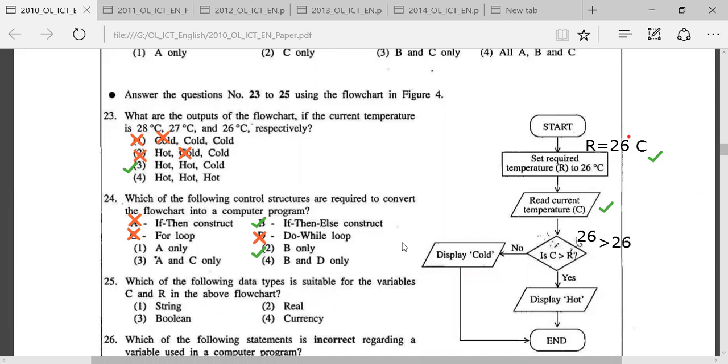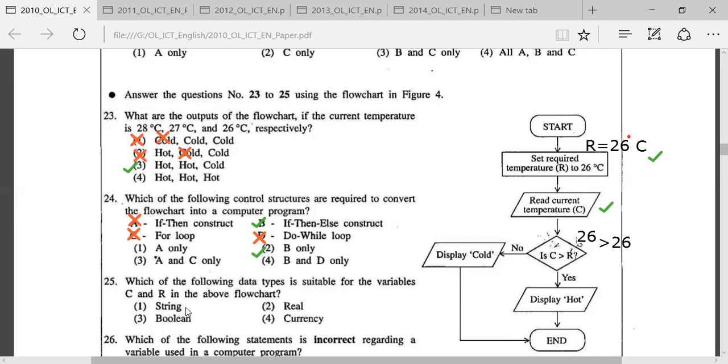Question number 25. Which of the following data types is suitable for variables C and R in the above flow chart? Right? So this is very straightforward question, but it would be better if we have integer, right? So then you will get confused. Which is the answer?